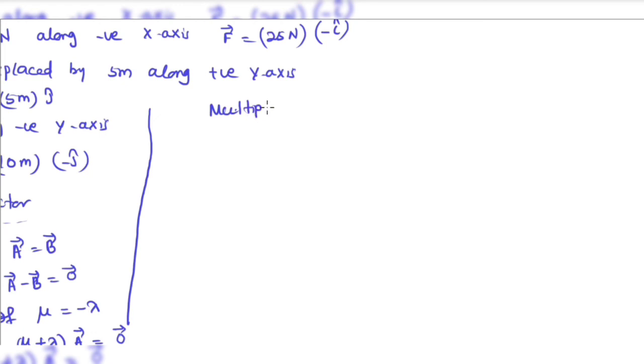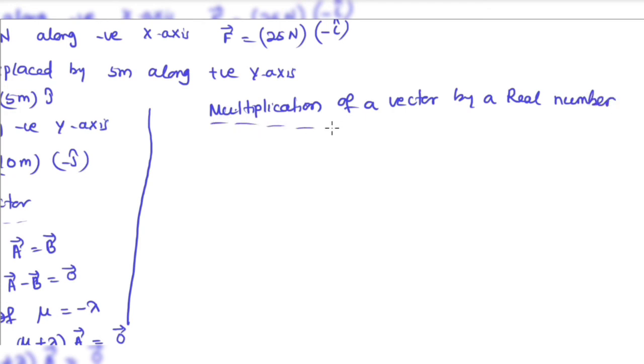Multiplication of a vector by a real number. Suppose we have a vector a.